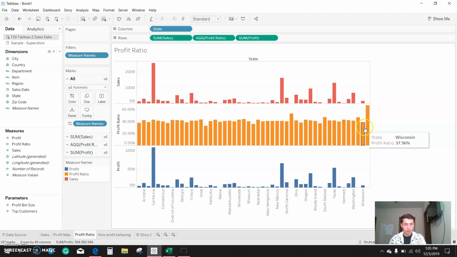Wyoming is almost all the way to the roof, 66%. So I thought to myself, what's going on here? That was interesting. Even though we're making a lot of sales in California, it's not as profitable as Wyoming. We're not making a lot of sales in Wyoming, but it's really profitable.